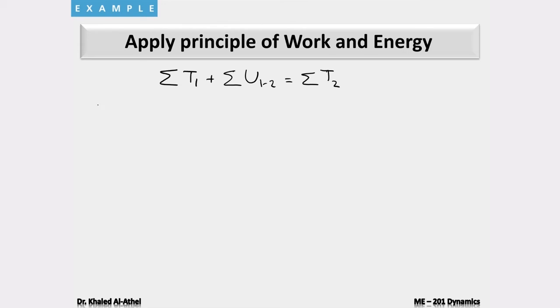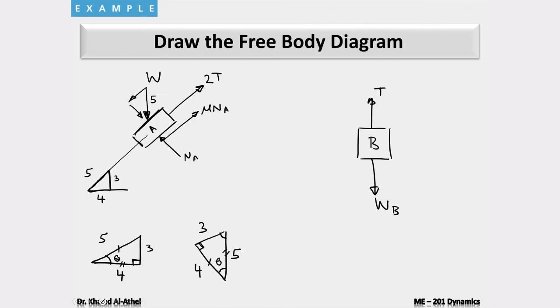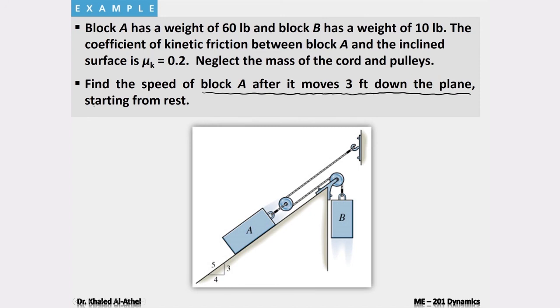So I'm going to write summation of T1 equals half MA VA1 square plus half MB VB1 square. Now, if you remember, if you read the problem statement, it says starting from rest.